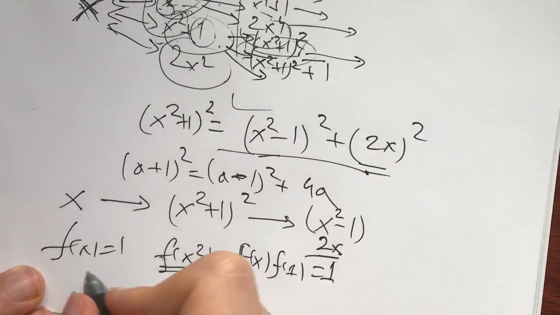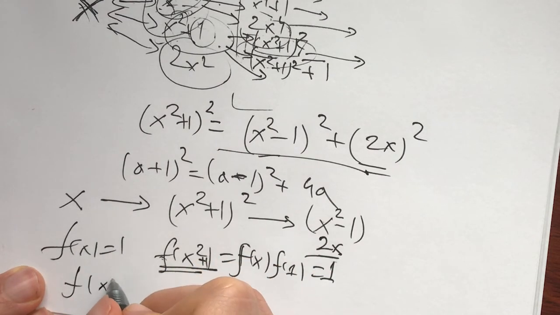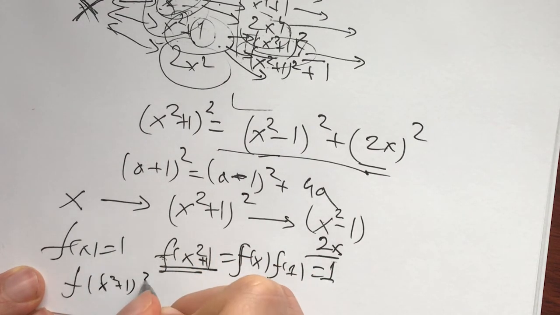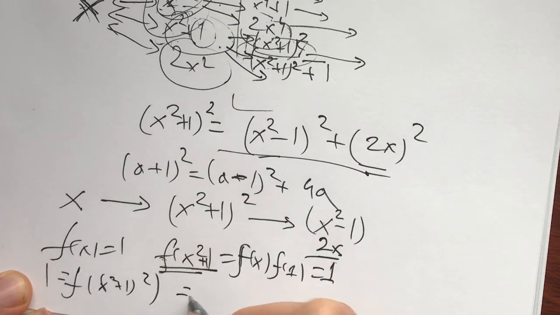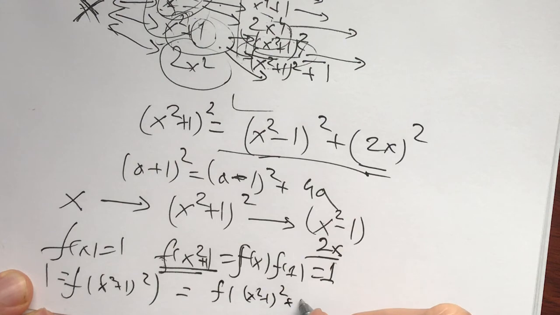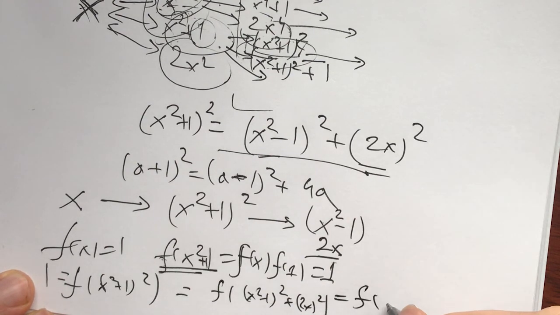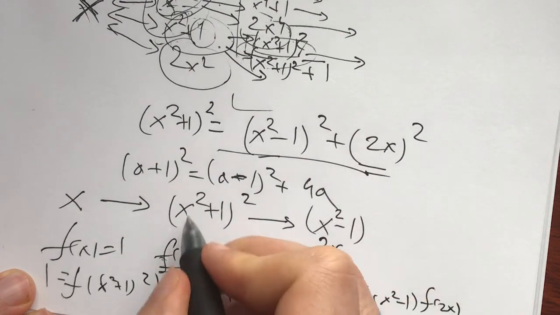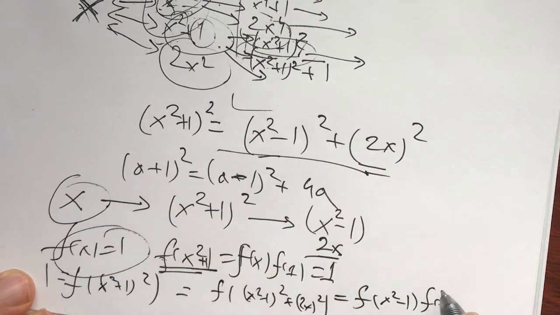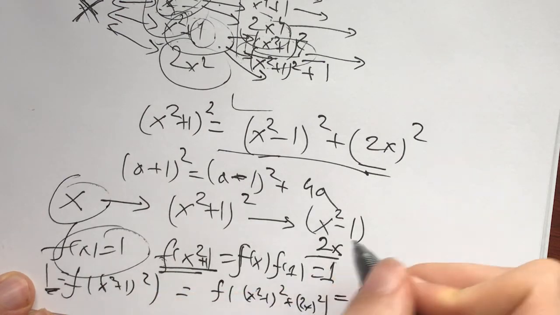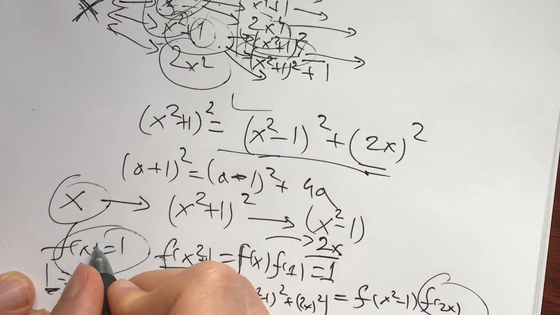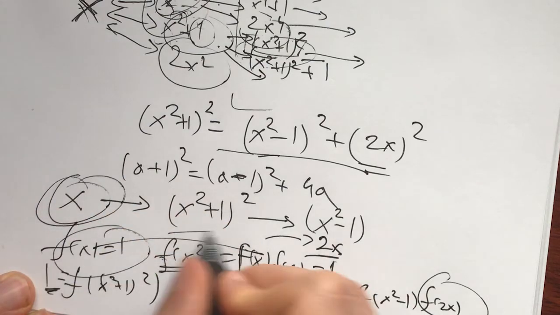And then we know if we square this, we'll get f of (x squared plus 1) squared is 1, but this is equal to f of (x squared minus 1) squared plus (2x) squared. And now this is f of x squared minus 1 times f of 2x. So now we know if f of x is 1, then f of 2x must be equal to 1. And now we have our jump from evens to odds.